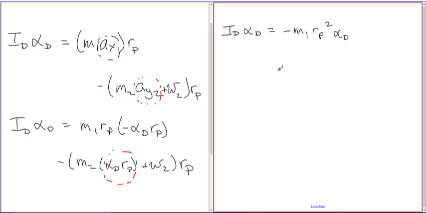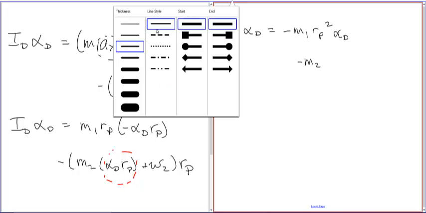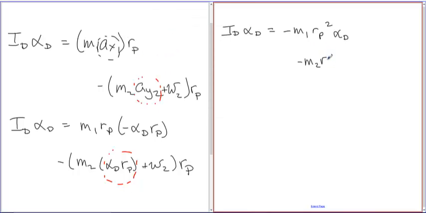In this term here, we're going to get negative M2, and you get R of the pulley times R of the pulley, so it's R of the pulley squared times alpha for the disk.